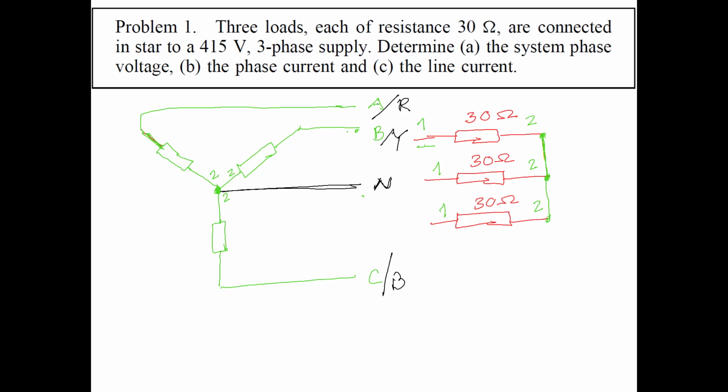Now we can identify the line voltage. Line voltage is between the lines, right? So from here, let us take a different color because this is important. If you understand this one, you are almost done with this course.